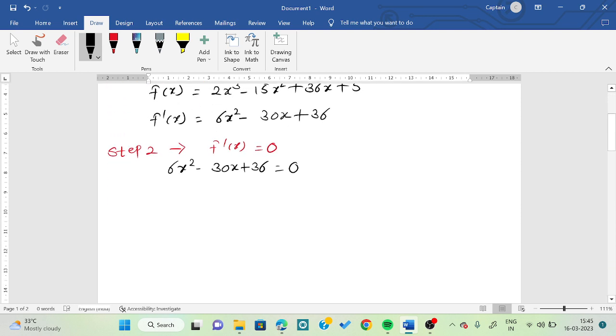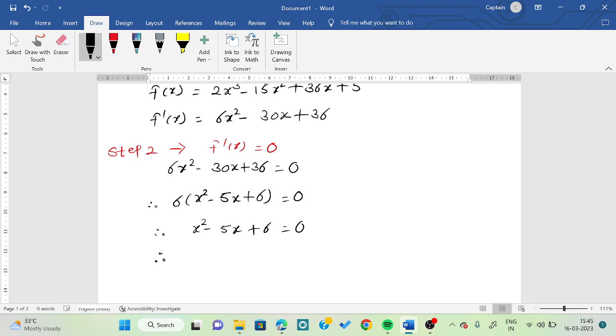We can take 6 as the common element from the above equation. So we will get x square minus 5x plus 6 equal to 0. The number 6 cannot be 0, so this bracket has to be equal to 0. Then x square minus 5 times x plus 6 is equal to 0.